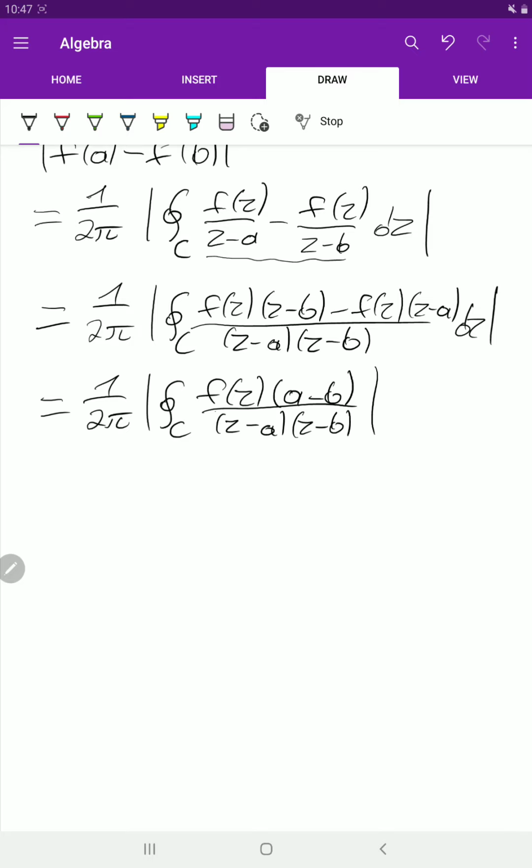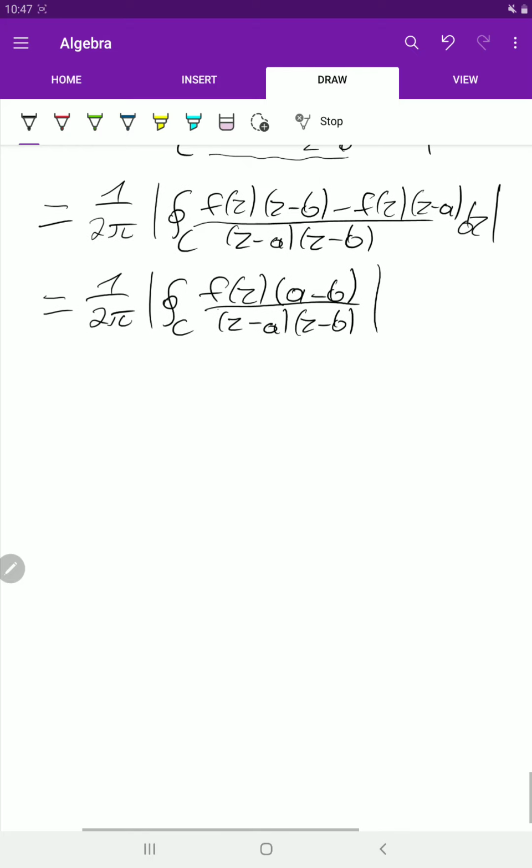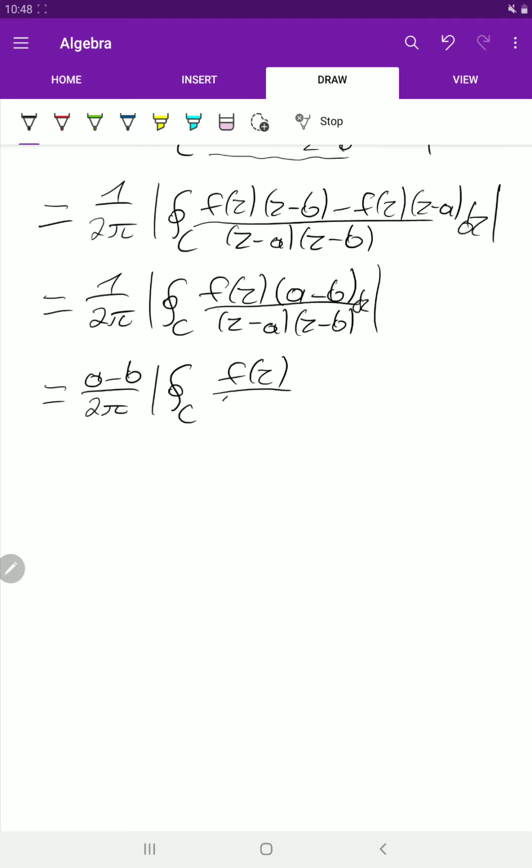Okay, so let's go on a bit. So we have a minus b divided by 2 pi, and then we have the integral over the curve c, f of c times c minus a divided by c minus a times c minus b.